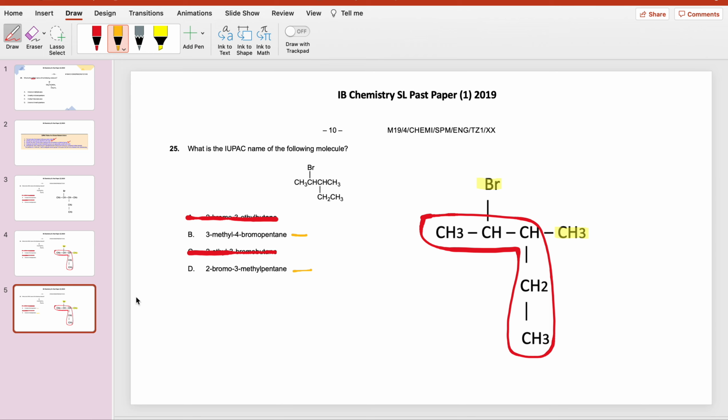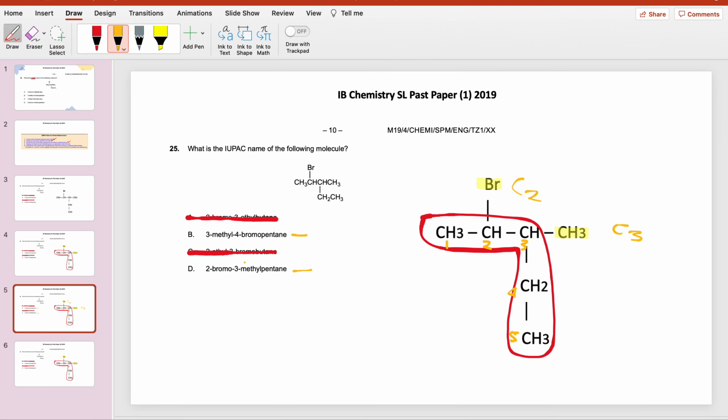So here, if we number this as carbon 1, this is 1, 2, 3, 4, 5, then Br will be at C2, and methyl CH3 will be at C3.